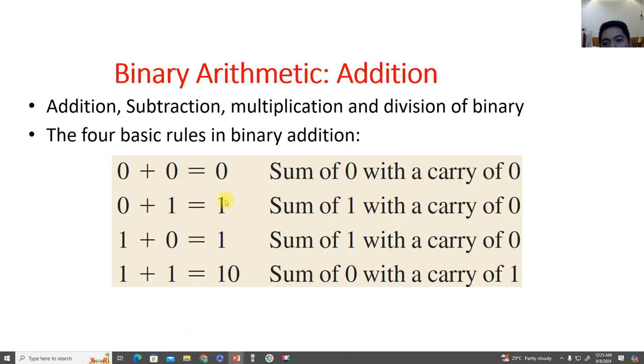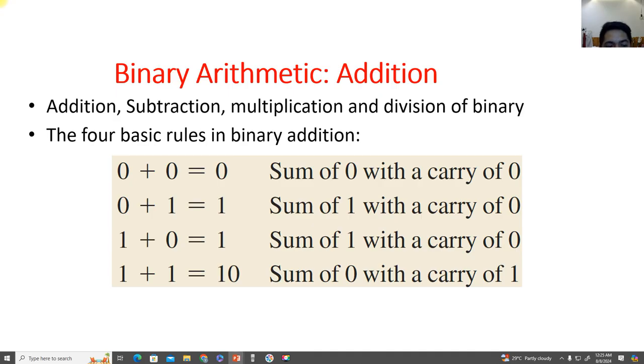Also, we can do binary arithmetic: addition, subtraction, multiplication, and division of binary. The 4 basic rules in binary addition are these. 0 plus 0 is 0. Well, that's common sense. 0 plus 1 is 1 with a carry of 0, no carry. 1 plus 0 is still 1.